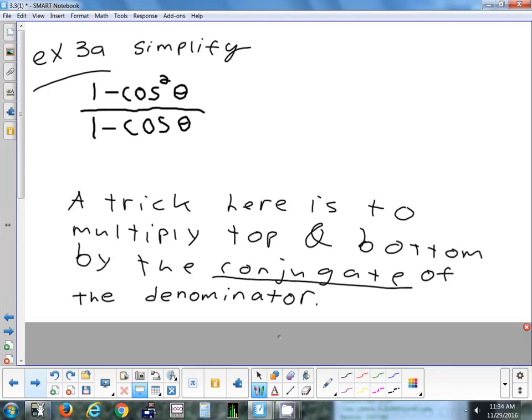Look at what's in the bottom. It's 1 minus cosine. And what would be the conjugate of 1 minus cosine? 1 plus cosine.